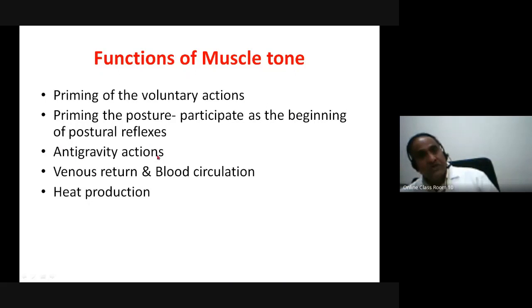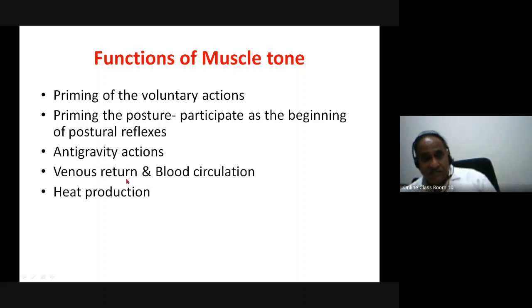It tries to hold on and support the anti-gravity action, and it increases the blood circulation. One thing, it also increases the venous return, because venous return is a more complex thing, and the muscle tone is important. In hypotonia, venous return decreases.